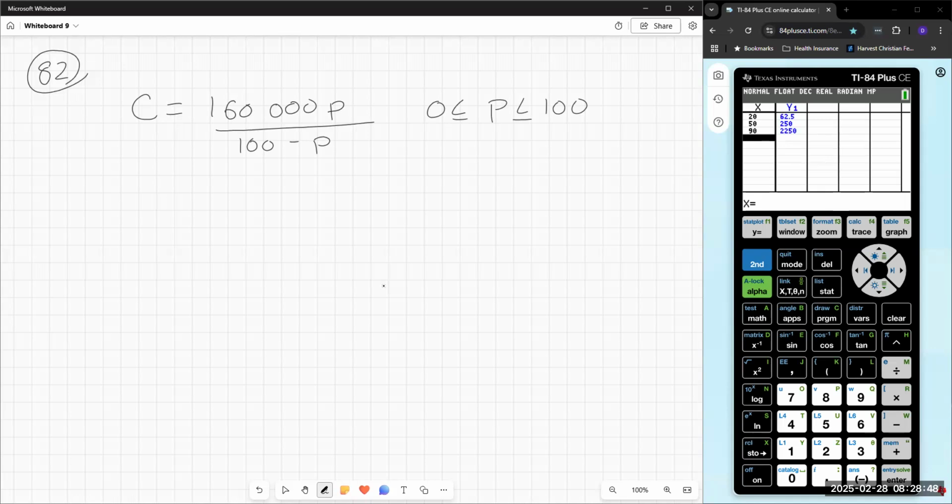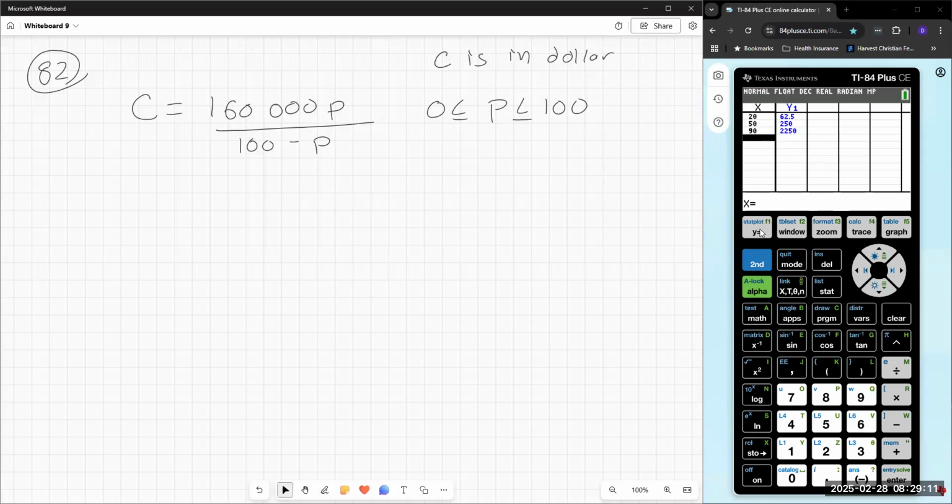And now C is just in regular dollars. But now your thought process needs to change, because we're dealing with an individual company now. We're not dealing with the whole economy of the country.